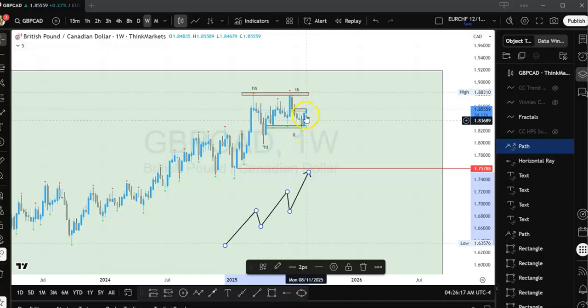I mean, it's really hard to say what to trade in this area here because it's not going in any direction. But if I were to trade it, I would wait for price to get to a supply zone and then look for a sell, or wait for a demand zone, and the probability setup would be waiting for a buy.